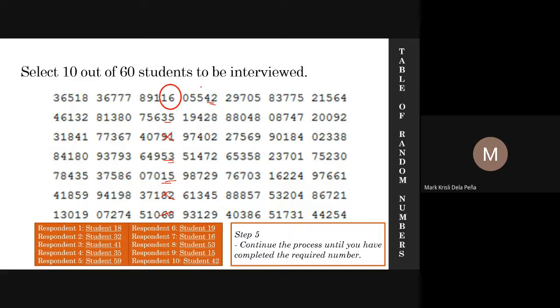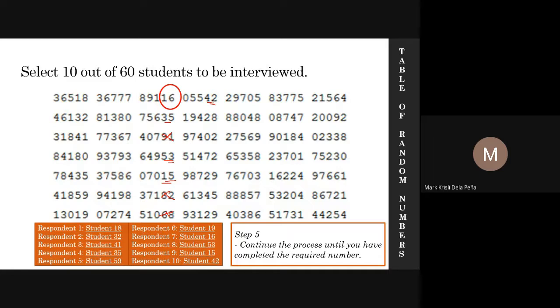Since 42 is the last student, we have completed all of the 10 respondents. They are student 18, student 32, student 41, student 35, 59, 19, 16, 53, 15, and 42. So you just have to know the name of student 18, who is student 32, and so on.